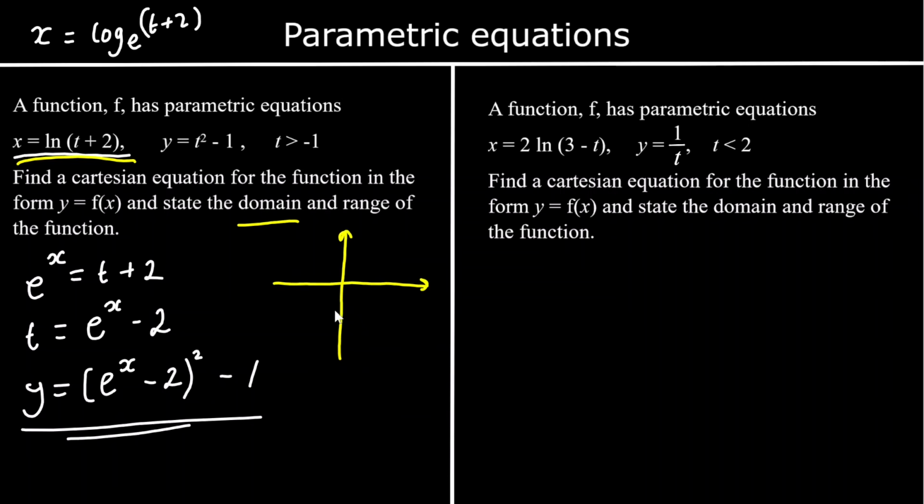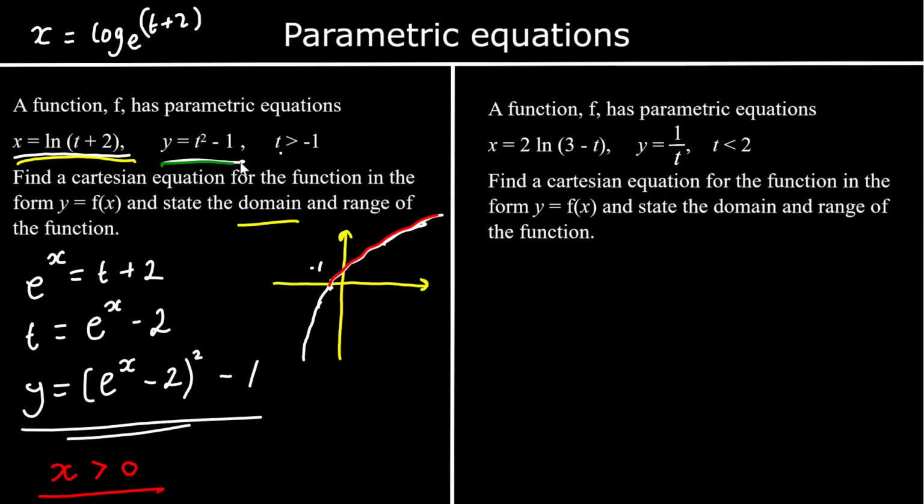So it's going to be like this. It can be anything bigger than negative 1. So that's our input. So our output is anything bigger than 0 because it's this part of the graph. So x is greater than 0. That's our domain.